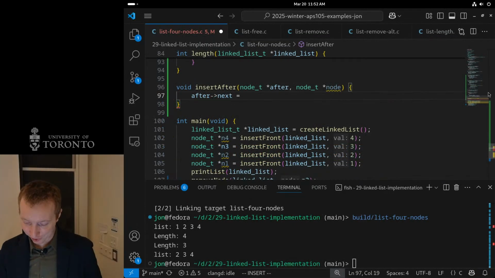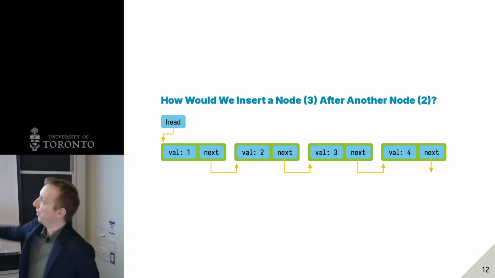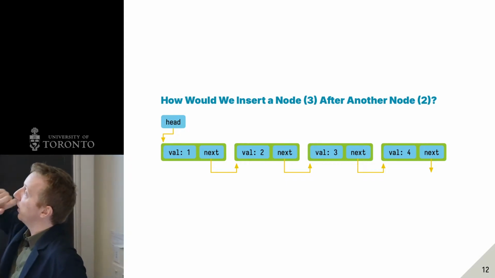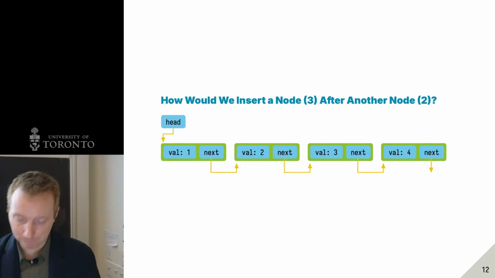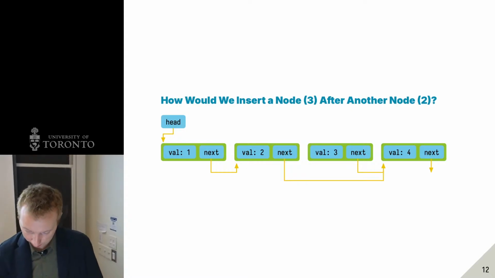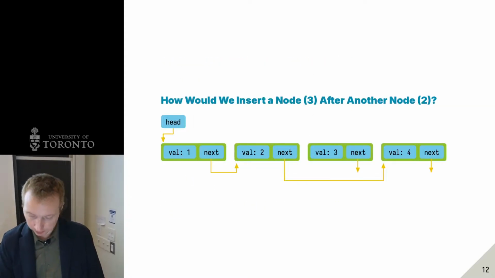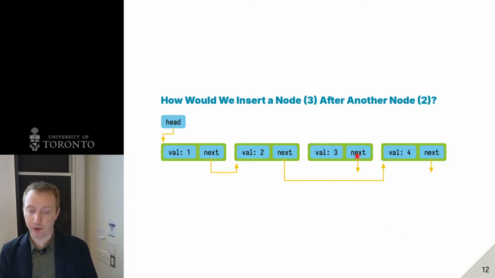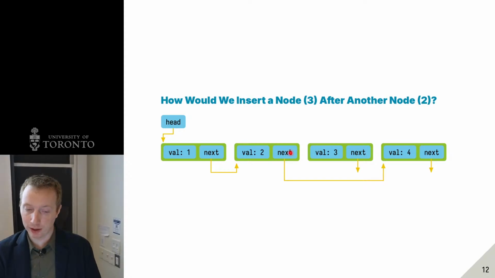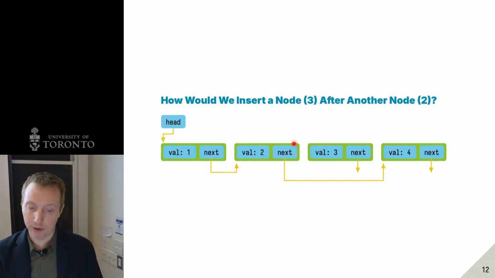In this case, the order is actually going to matter. I need to change 2 pointers: this node's next and node 2's next. I don't have to look at any previous or anything like that.